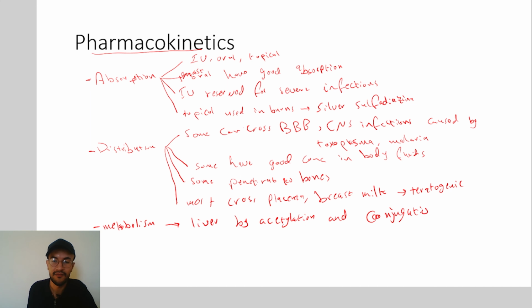And regarding excretion, they are excreted in the kidney as acetylated metabolites and also as active drug. And that's why they are used in treating urinary tract infections, because some of the drug is excreted unchanged and it works on the infection in the urinary tract.